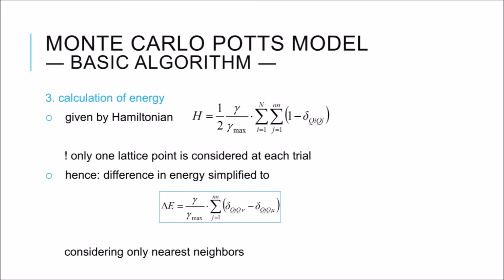And if we want to calculate the difference in energies, then most of them will not contribute. So the difference in energy can be written in this simplified form, where we consider only the nearest neighbors of our selected lattice points. So what is the outcome? The difference in energy can be either positive or negative, and of course it can be 0.